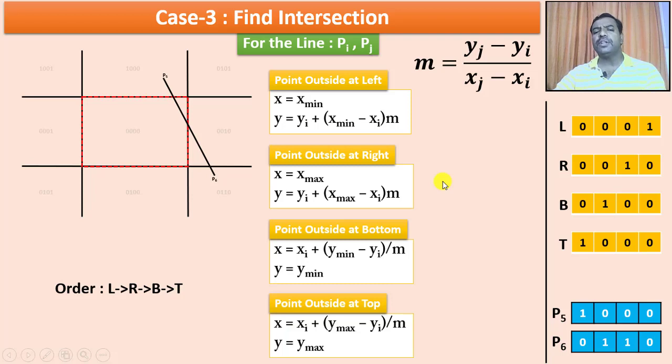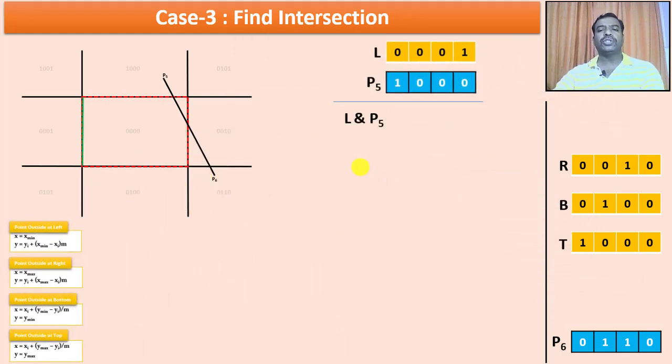So first, to use the appropriate equation, we need to check where the point is lying: either towards left, right, bottom, or top. To do that, we are going to perform some logical operation. That is, we will take the region code of P5 and the region code of left.